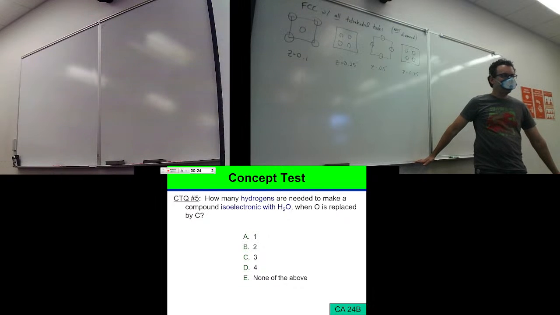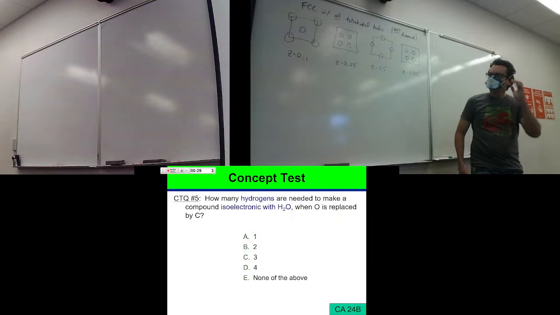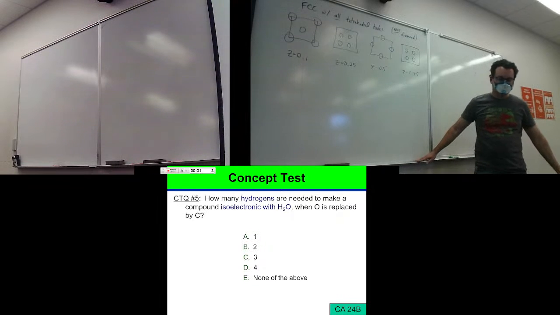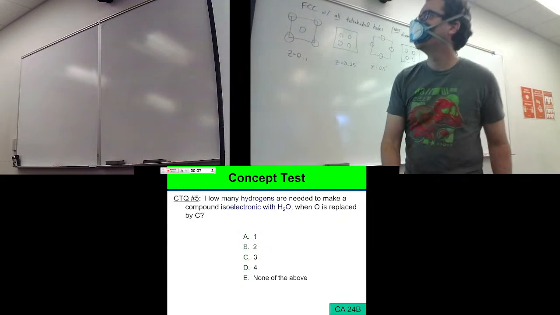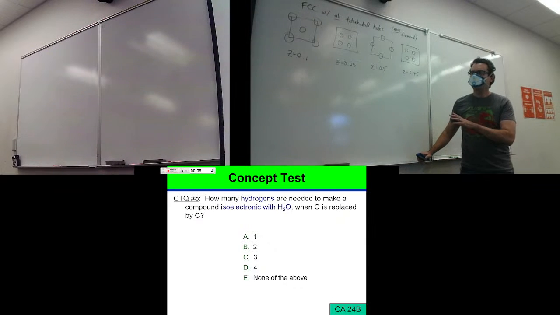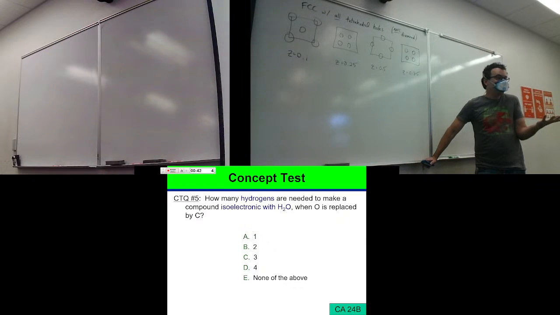Somehow, having the same number of electrons makes it a stable molecule. You can come to this conclusion from a different angle as well, but if that doesn't make sense to you, how many hydrogens should carbon have? That's a valid answer too.